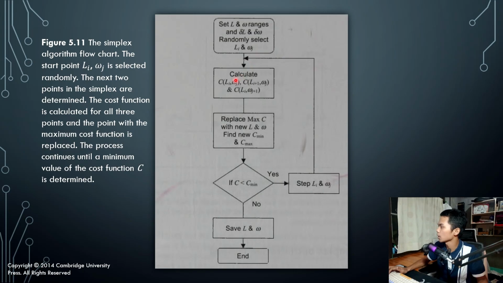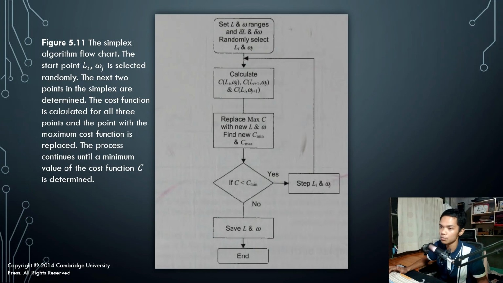Once you're done with that, calculate the cost function of L sub i and omega sub j, and the cost function of L sub i plus 1 and omega sub j, and the cost function of L sub i and omega sub j plus 1, which are those 3 dots. Once you're done with that, replace the max C with the new values of L and omega.